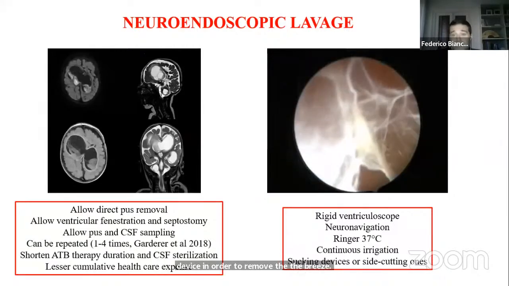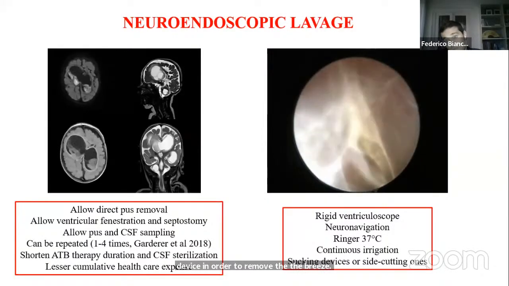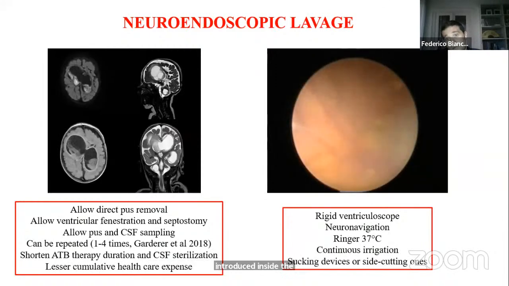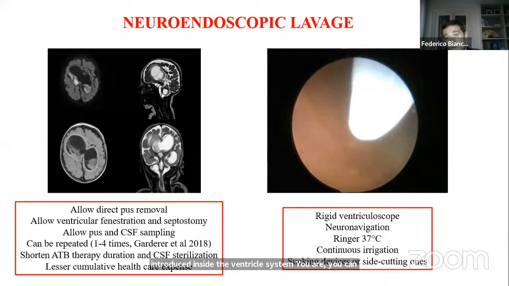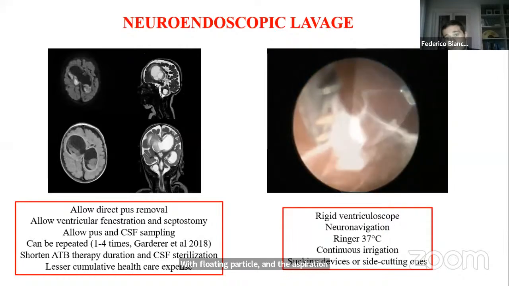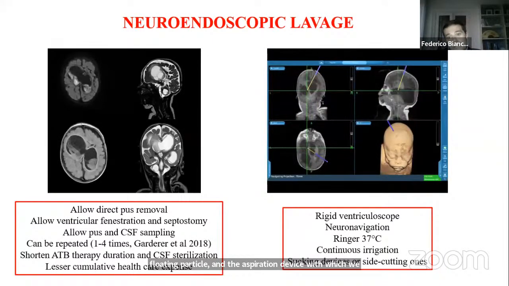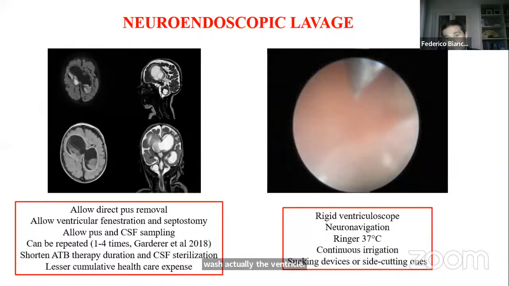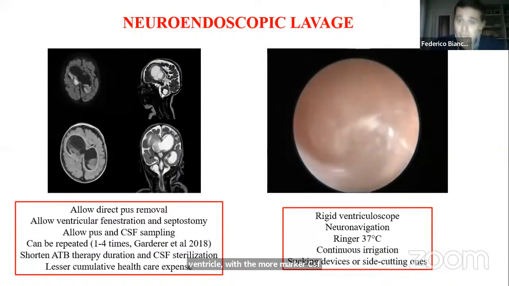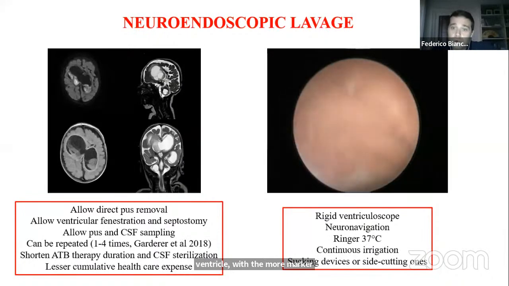In this case, you can see how the scope was introduced inside the ventricular system. You can see murky CSF with floating particles, and the aspiration device with which we wash the ventricle. Now we are entering an isolated compartment in the temporal horn, and you can see how much worse the situation is on this side of the ventricle, with more murky CSF, and in a few minutes we'll start to recognize the ventricular wall, as well as some chunks of pus that were isolated inside the ventricle.